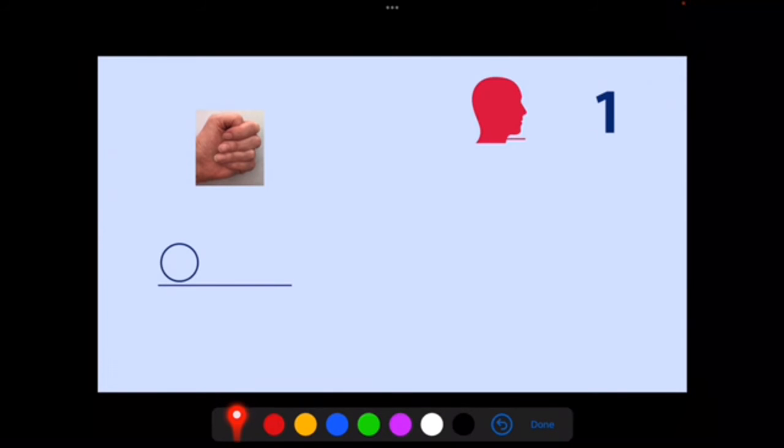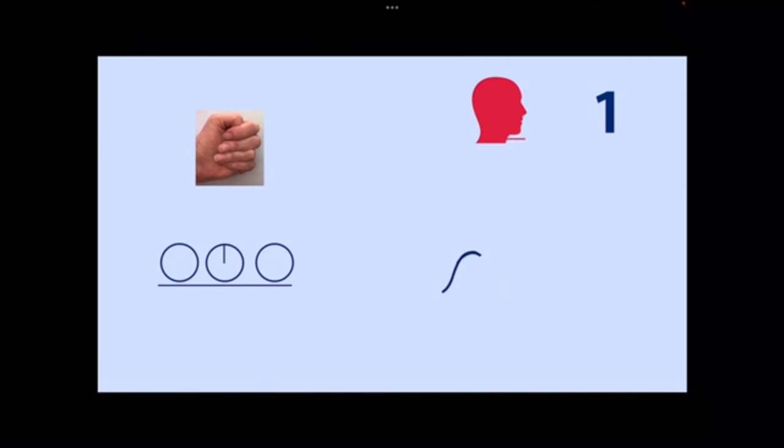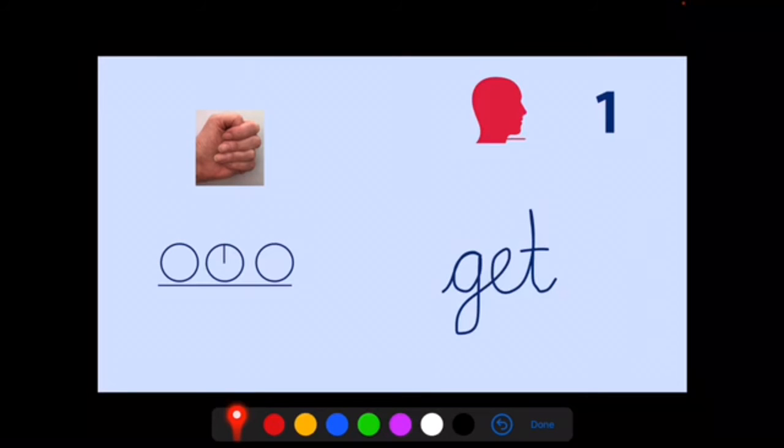G, E, T. And we know exactly which letters to write. G is G, E is E, T is T. We know exactly how to write this word. And because we're writing it first, that's going to help us with reading it. Get.